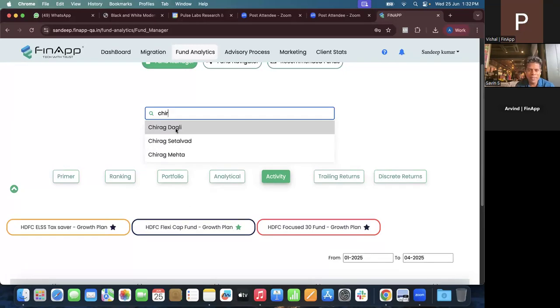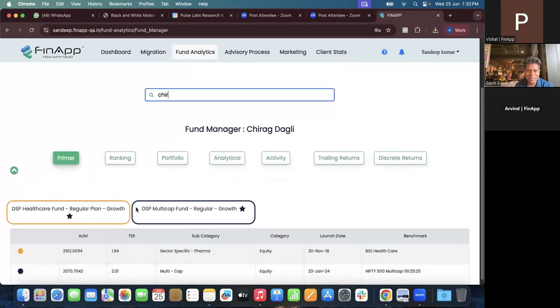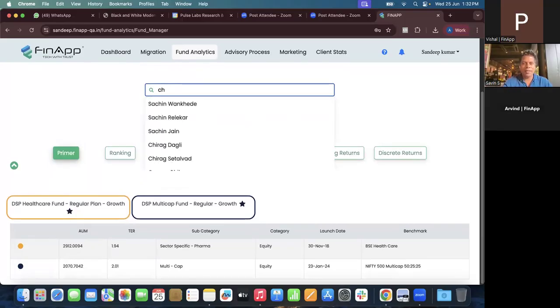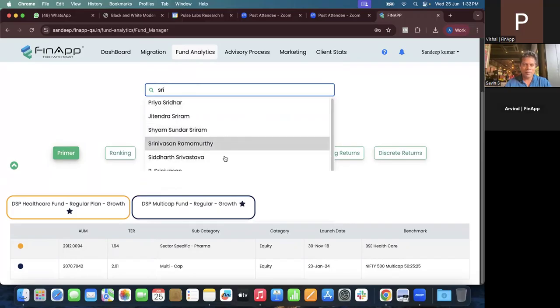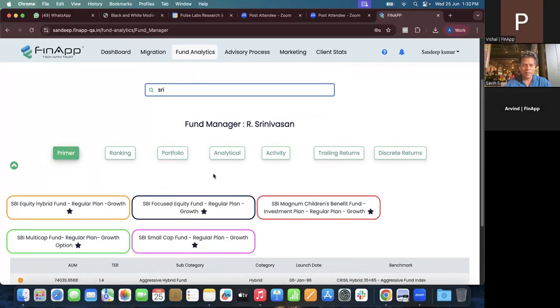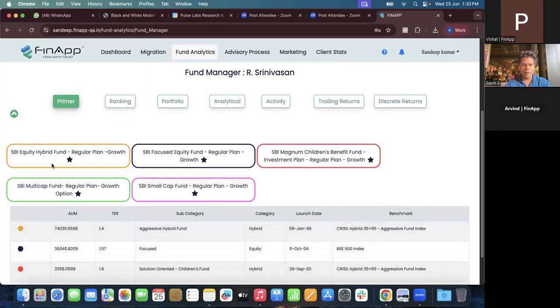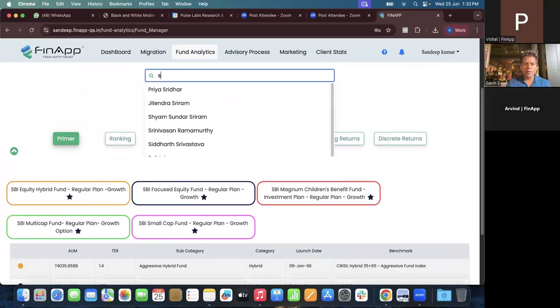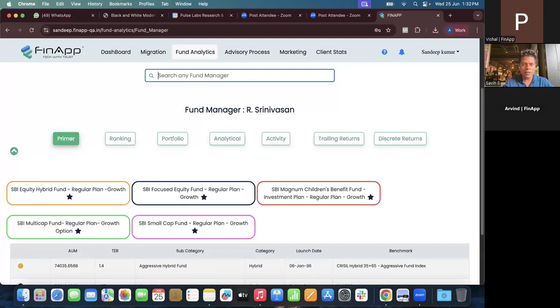No, this is DSP, Chirag Dagli. Or SBI, R. Srinivasan. You can pick up any fund manager, they are all available. Nilesh Surana.